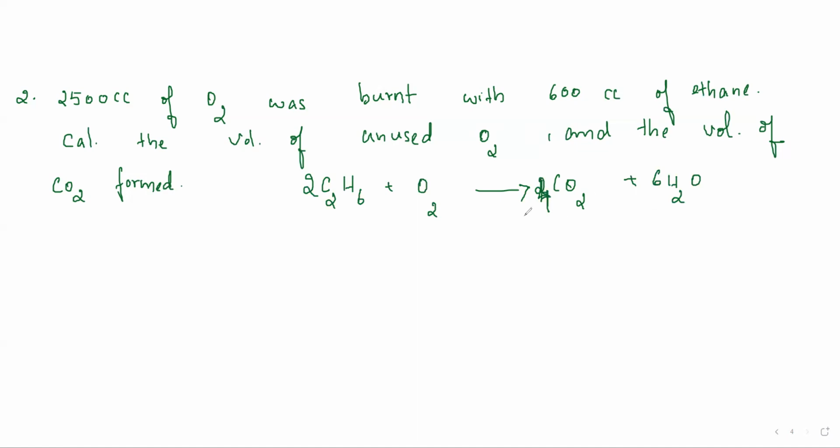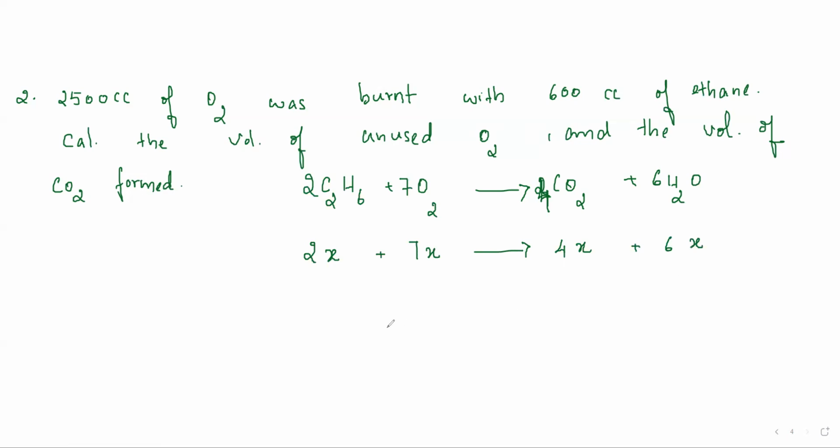Okay, and now the number of oxygens, 8 plus 6, 14, 7 oxygens. Now, according to Gay-Lussac's law, the ratio is 2x plus 7x gives you 4x plus 6x.